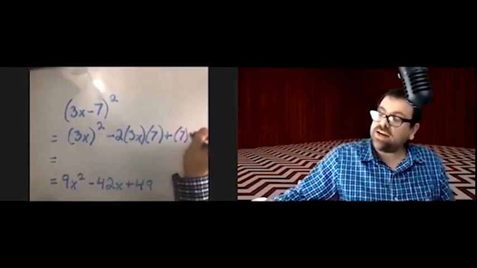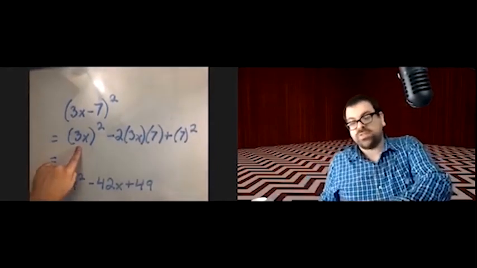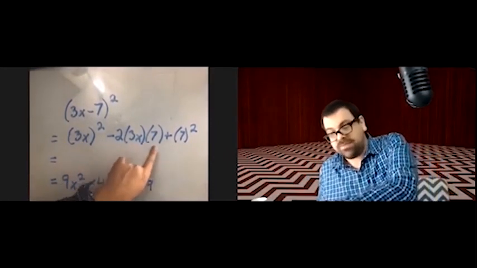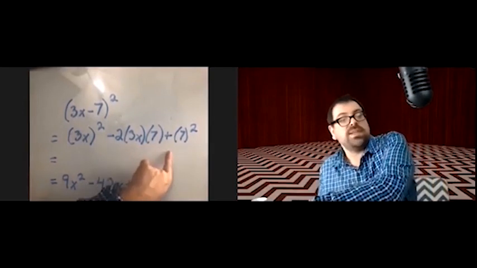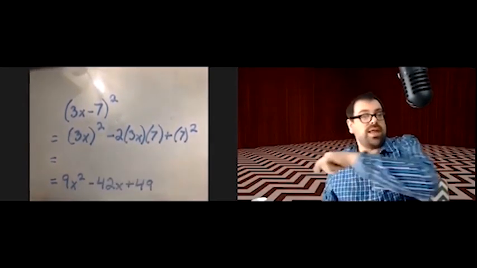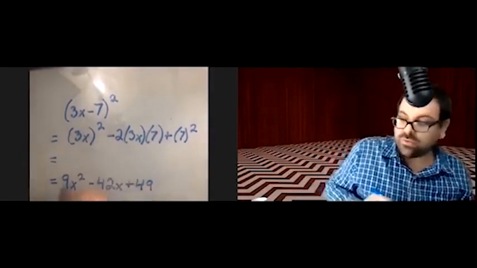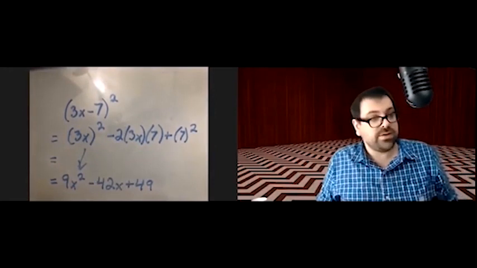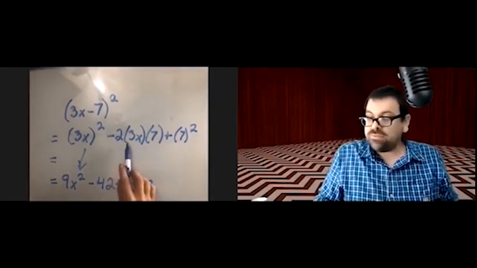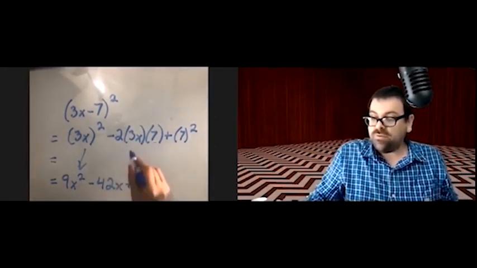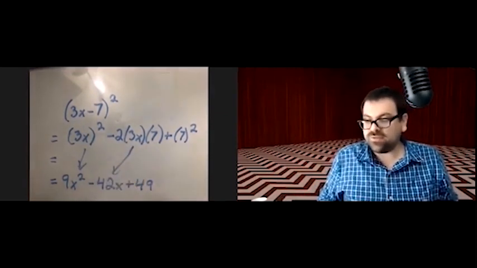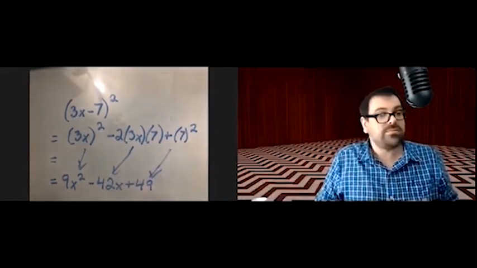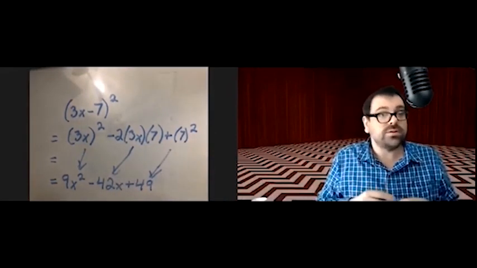And then we square the second thing. 3x squared is 9x squared. 2 times 3 is 6, times 7 is 42, minus 42x, plus 49. So you could use the formula and get there quicker.